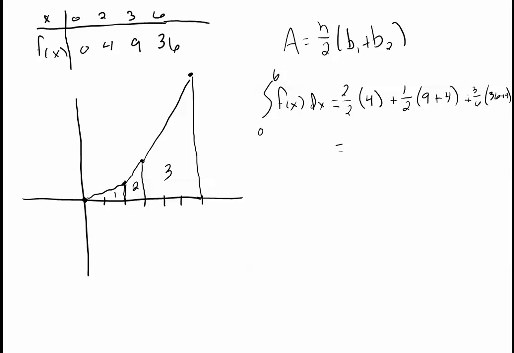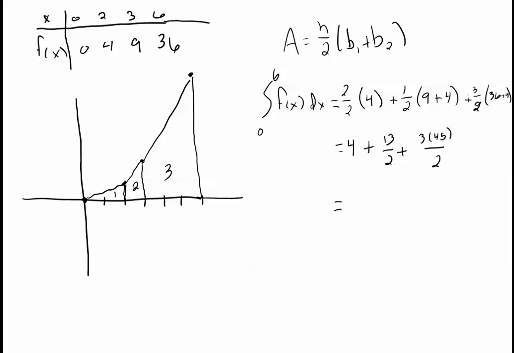So if we simplify, 2 over 2 is 1, 1 times 4 is 4, plus half of 13, plus 36 plus 9 is 45, and 3/6 is 3 over 2, 3 halves, so this would be 3 times 45 all over 2.